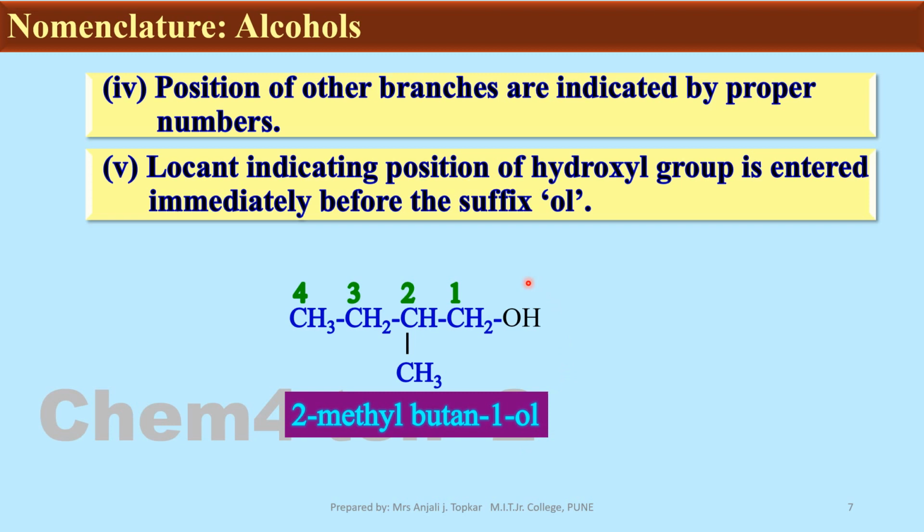Because OH group is attached to first carbon atom, so we have to indicate the position, or the locant, of hydroxyl group immediately before the suffix OL. Thus, this is the correct way of naming alcohol, 2-methyl butan-1-ol.